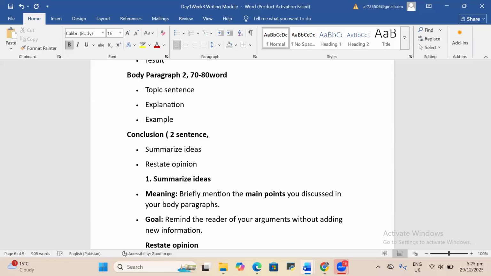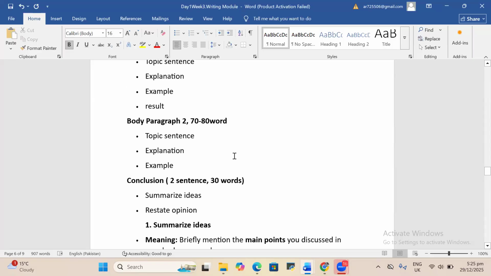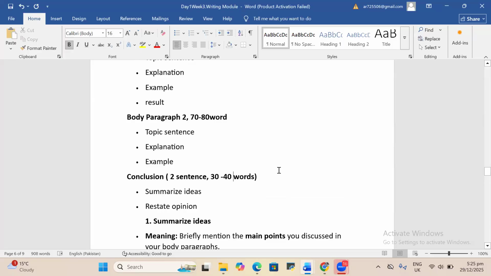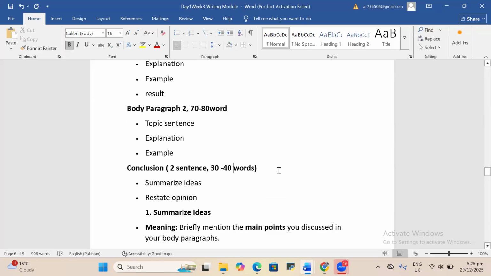So approximately 30 words you can write, and if you count these, 30 to 40, you can easily reach 250 overall words.